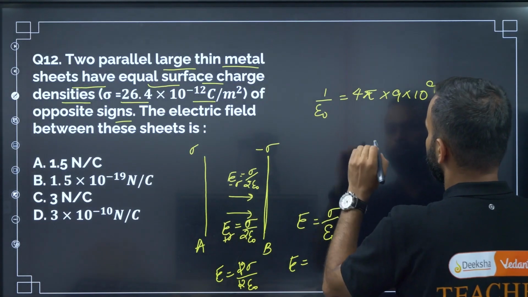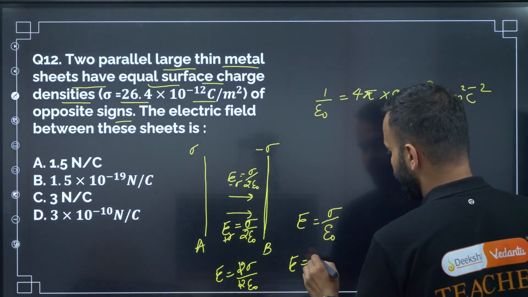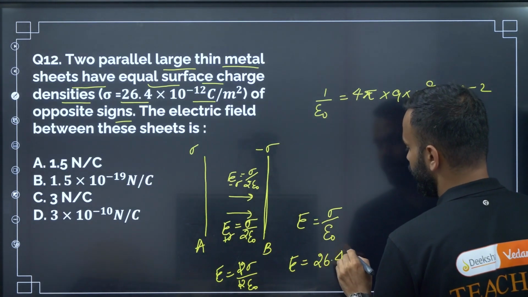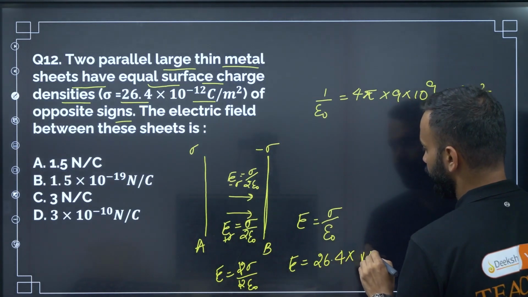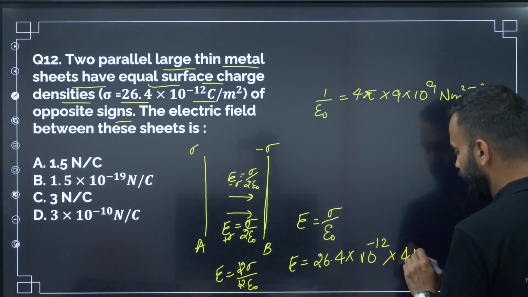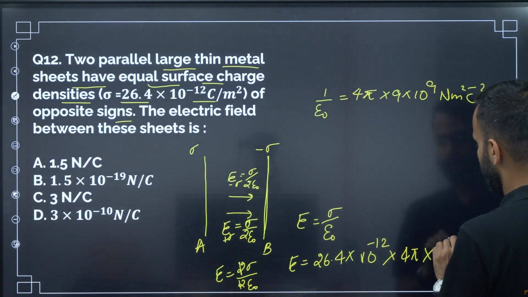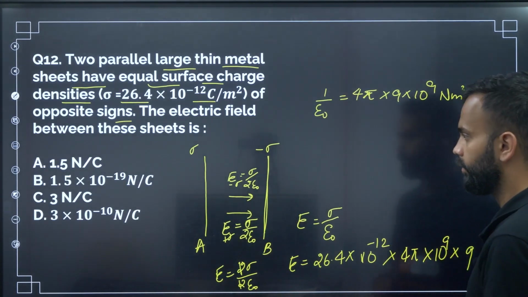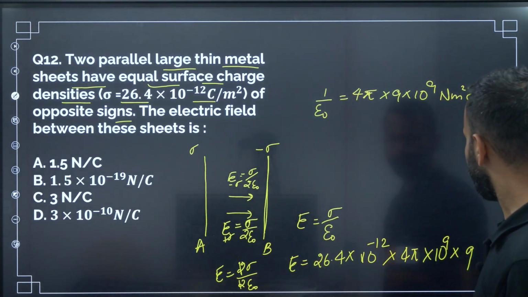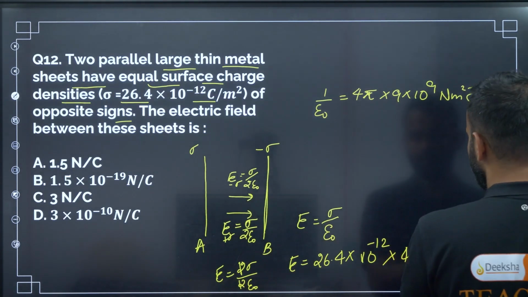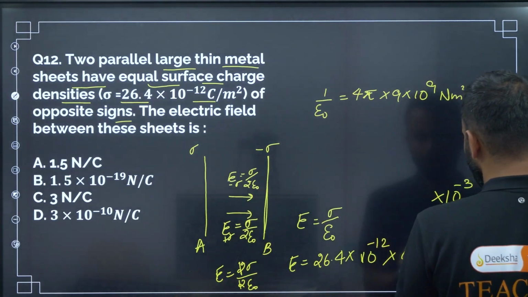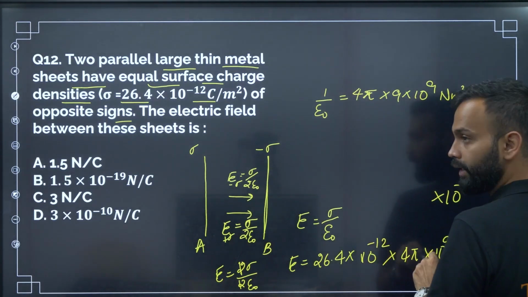So here E equal to sigma is 26.4 into 10 to the power minus 12, into 1 divided by epsilon naught, which is 4 pi into 10 to the power 9 into 9. Now 10 to the power 9 into 10 to the power minus 12 is 10 to the power minus 3, right? 4 pi into 9 is 36, right?